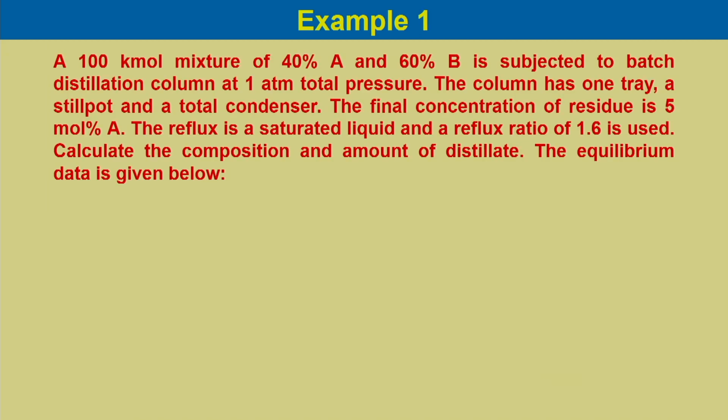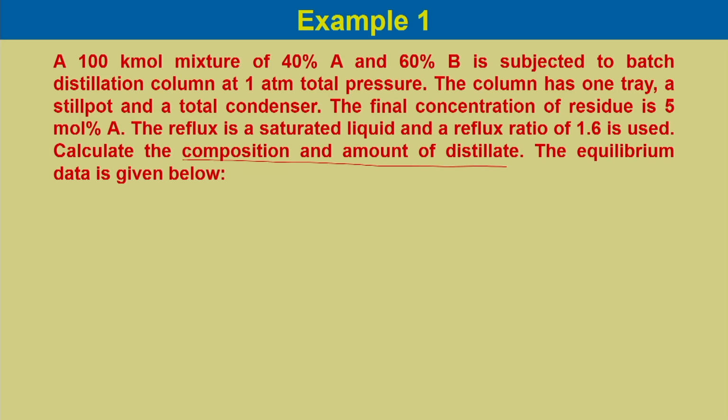Now, let us take an example to understand how we can calculate the composition and amount of distillate in a multi-stage batch distillation process with constant reflux. A total of 100 kilomole mixture of 40 mole percent A and 60 mole percent B is subjected to batch distillation in a column at 1 atmosphere pressure.